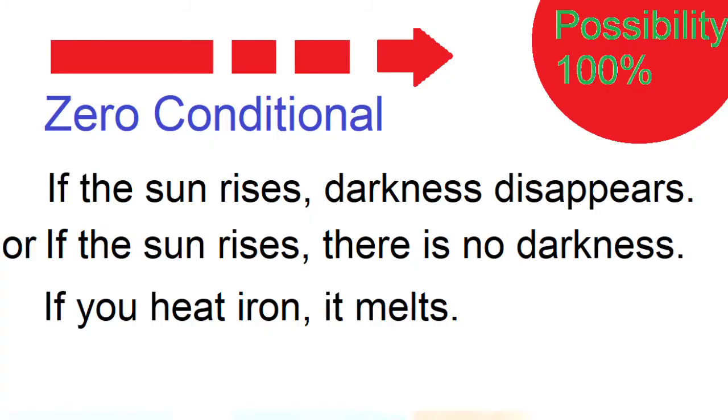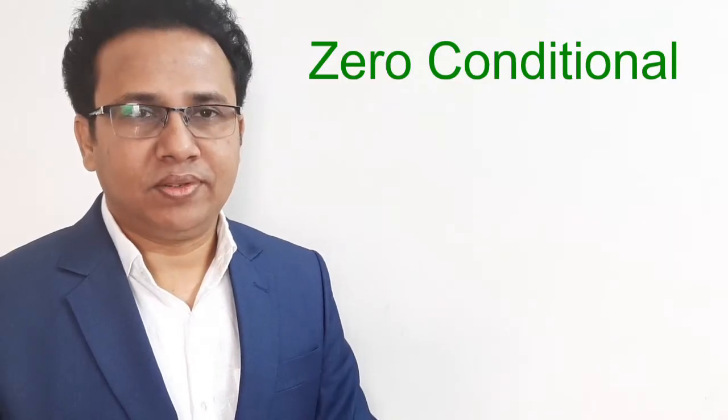If the sun rises, darkness disappears. Or I can say, if the sun rises, there is no darkness. I'm not going to use the future form of it like there will be no darkness. No, because it is going to happen. It's a must. And we can give another example like, if you heat iron, it melts. So it's definitely going to happen.